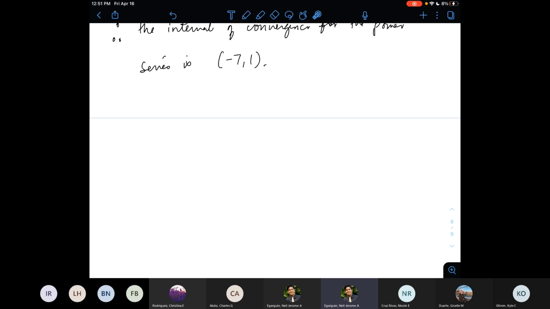So you might see an interval of convergence of the form, say, -7 to 1 included, so there are series wherein the interval of convergence is a half open, half closed interval. That's why you really need to check what happens on both endpoints, because the tests that we use, the ratio test and the root test, are inconclusive when the limit is equal to 1.